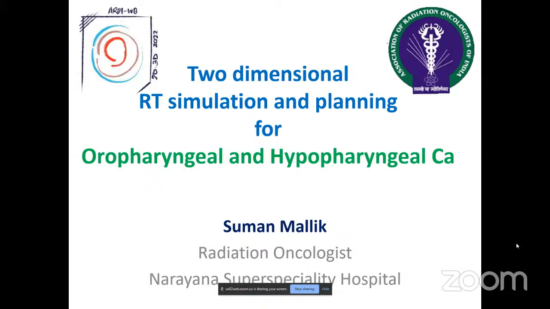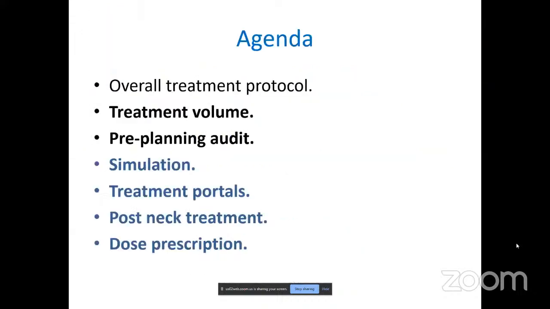I started my training with 2D, then gradually moved to three-dimensional planning. Today I will mainly emphasize the simulation process, treatment portals, posterior neck treatment and dose prescription, and also touch upon the overall treatment protocol and treatment volume.